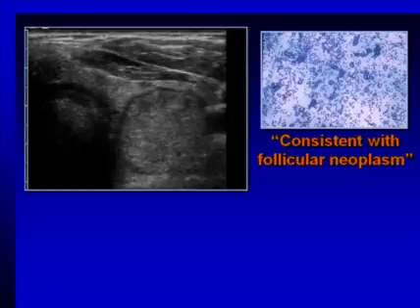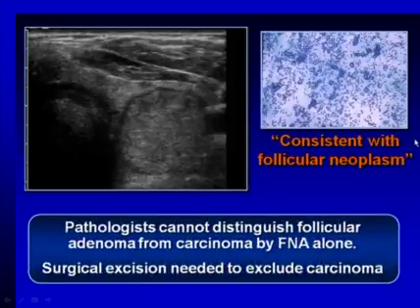And the pathologist would then say that this is consistent with follicular neoplasm. They can't distinguish follicular adenoma from follicular carcinoma by the FNA alone, so surgical excision is generally recommended for further evaluation to exclude carcinoma.